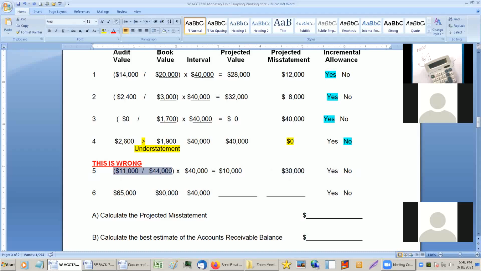However, if you actually look at it, what is the actual misstatement for that item? The audit amount is 11,000.